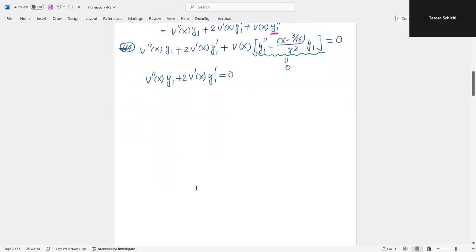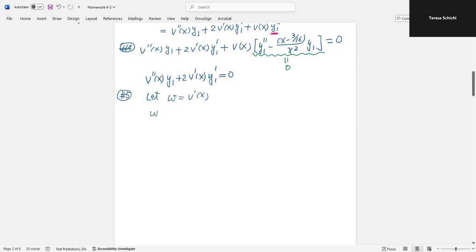All right, so after this, now my step number 5 is here. I'm going to change this double prime, right? So I would do w equal to v prime(x). If I change to w, then I can change the above equation.